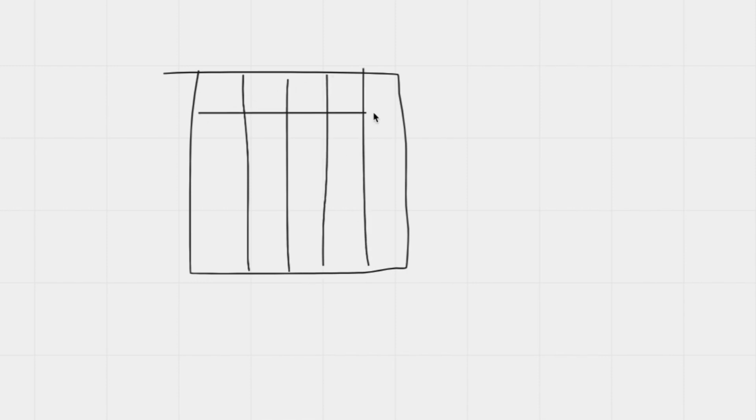For a closed tour, the knight ends up on the same square it started in. If we draw a chessboard, we can demonstrate. Okay, it's not very straight, but you get the point.